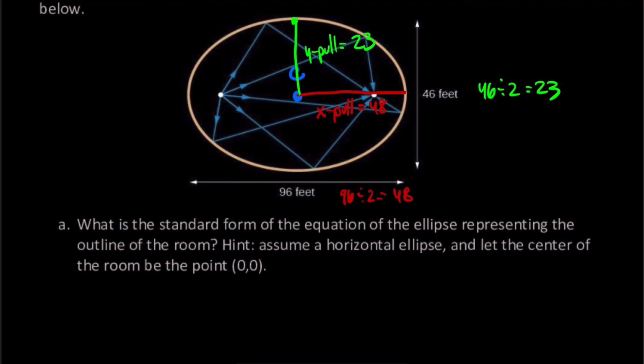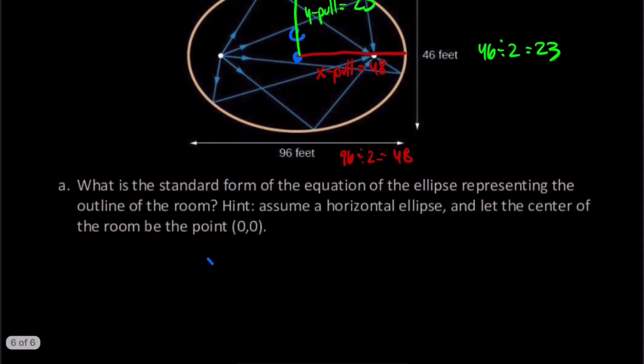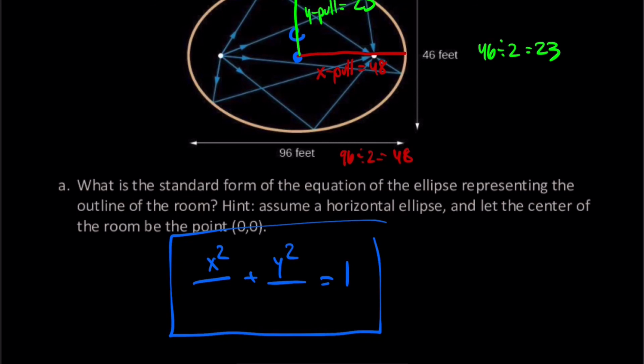So this is a pretty easy equation to write. My center we're going to assume is 0, 0, so it's just going to be x squared over something plus y squared over something equals 1. And remember, the number that goes under here is x pull squared. Well, that's going to be 48 squared.